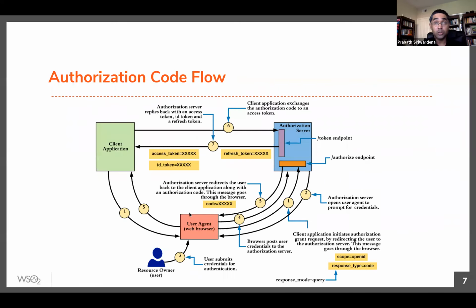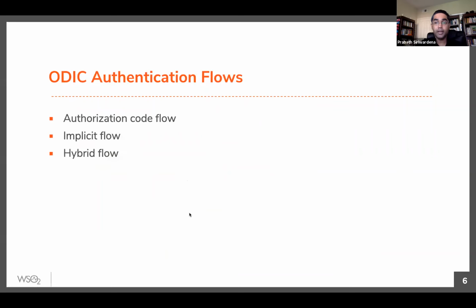Okay. So OpenID Connect defines a set of authentication flows. If you are familiar with OAuth 2.0, you know OAuth defines a set of grant types. Right? So a grant type defines how the OAuth client can get an access token from the authorization server.